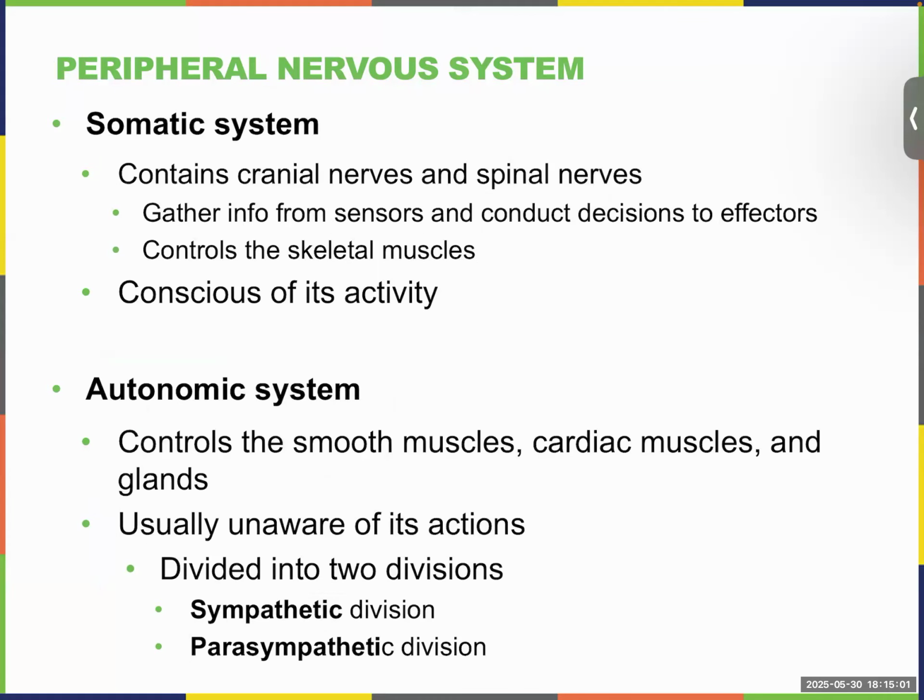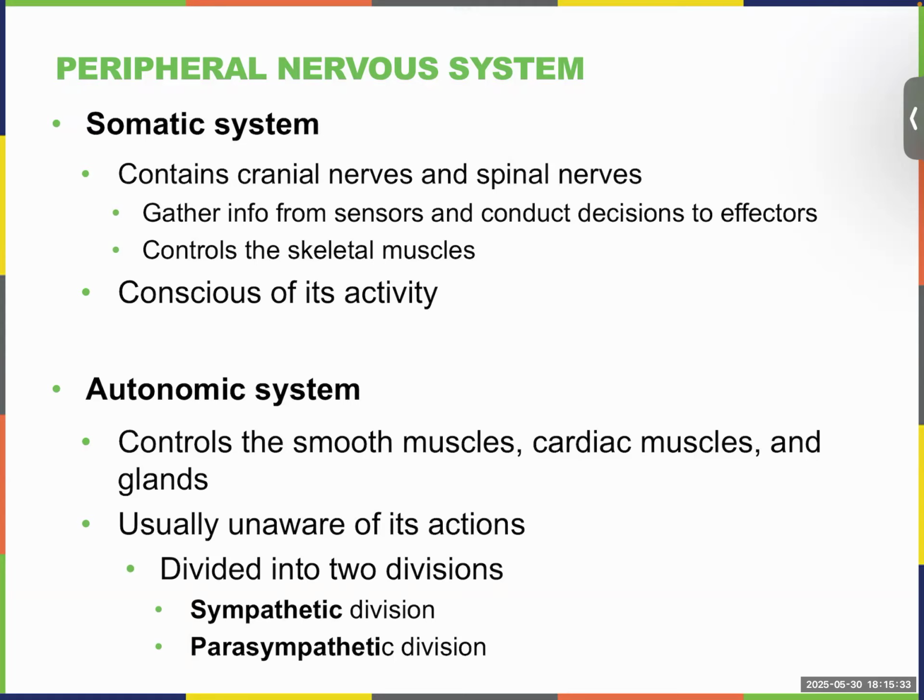Now we're going back to the peripheral nervous system, which controls things radiating away from your central nervous system, which was in the middle. You have the somatic system, which is under your control, contains cranial nerves and spinal nerves, gathers information from sensors and conducts decisions to effectors, controls skeletal muscles, which you can control, and you're conscious of this activity.